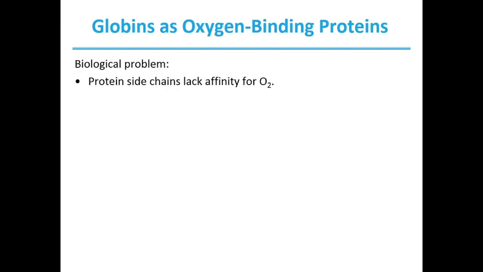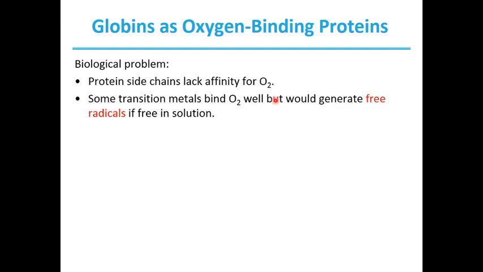Now, the first issue nature has to take care of is that amino acid side chains in proteins lack affinity for oxygen. There are some transition metals that bind oxygen well, but they would generate free radicals if they are free in solution. Again, you don't want free radicals roaming around in the blood. It's potentially dangerous.